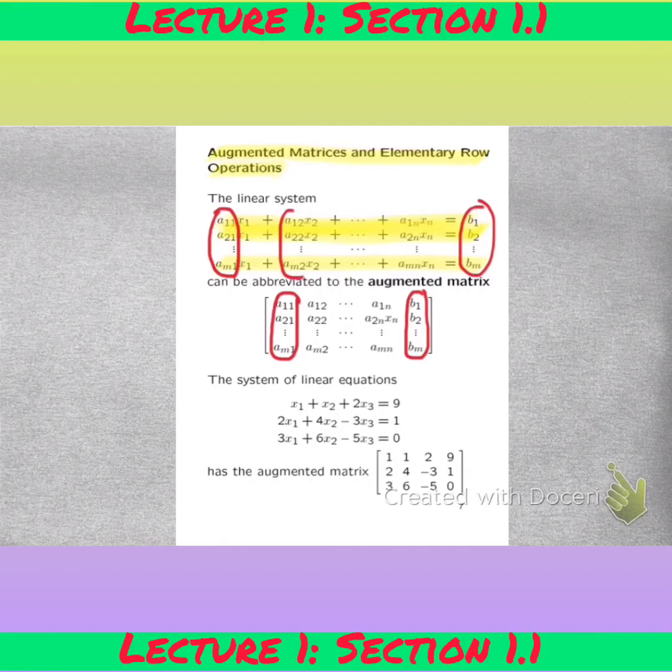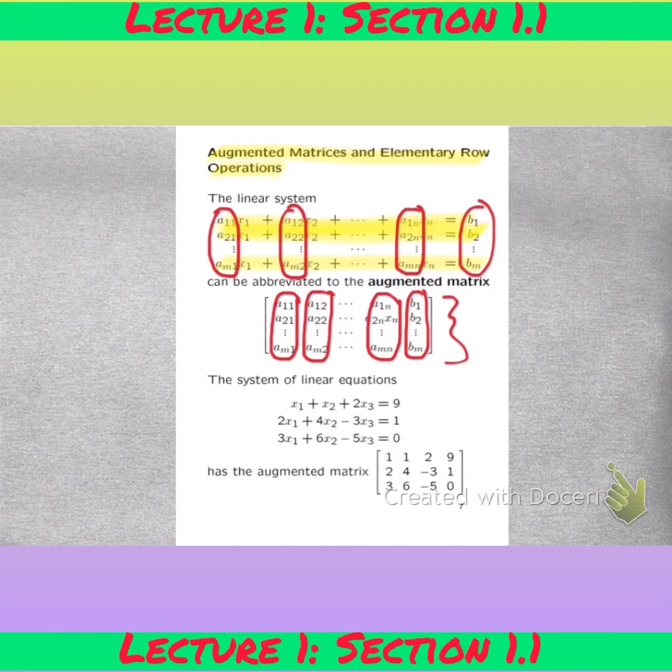Then you can take all those entries there and align them to make your second column, and then you go on to the coefficient corresponding to the nth variable, and that is going to be the second last column of your matrix. This is known as the augmented matrix.